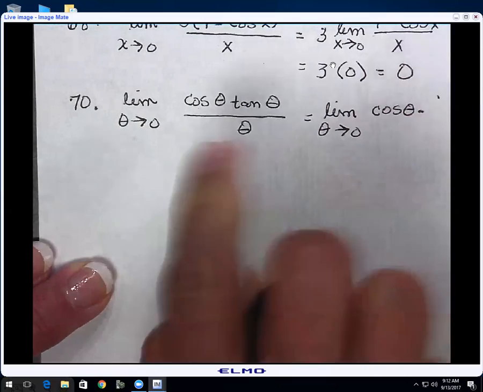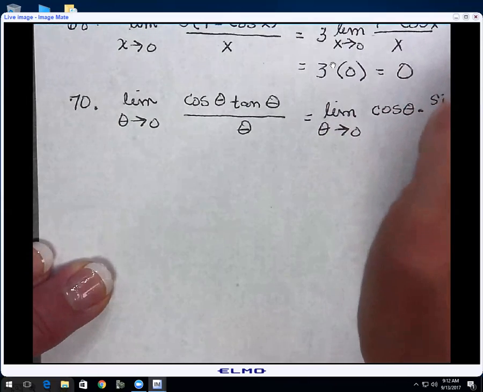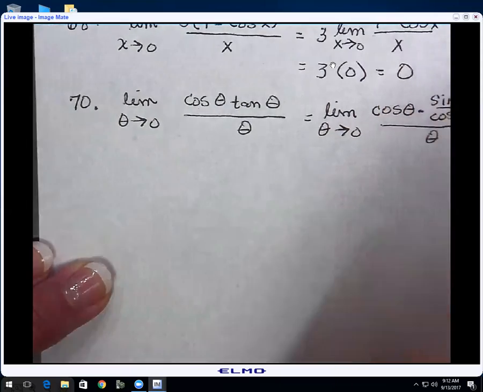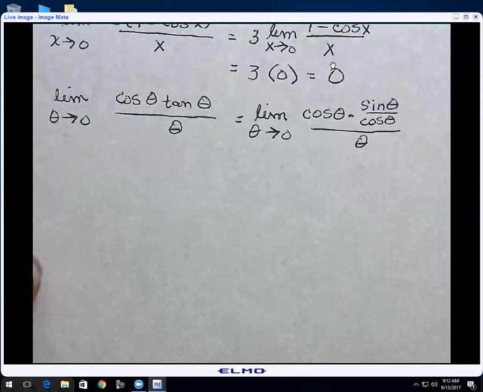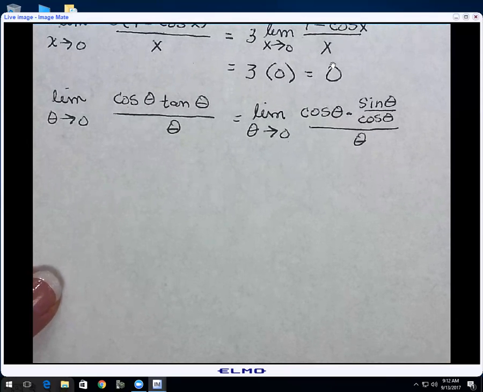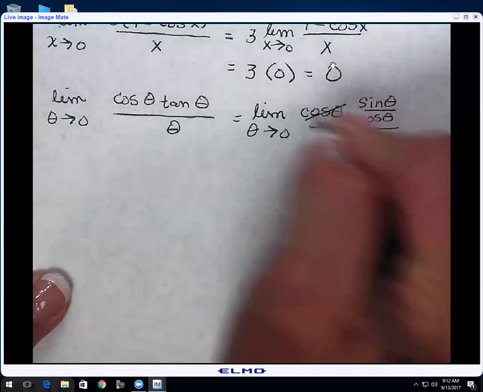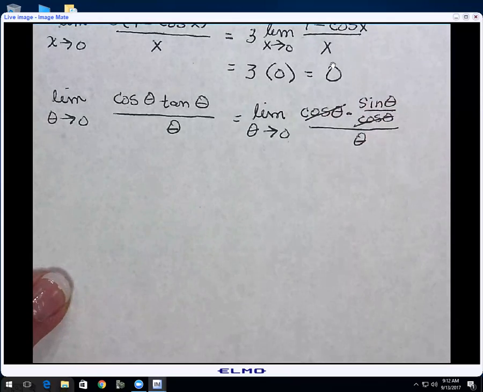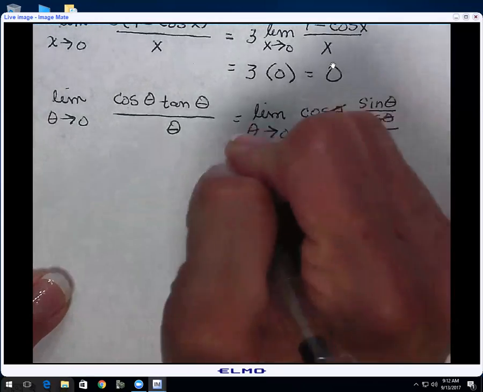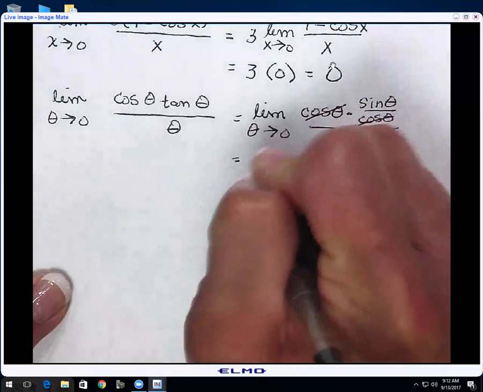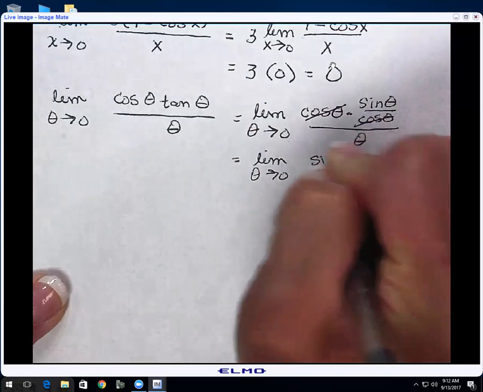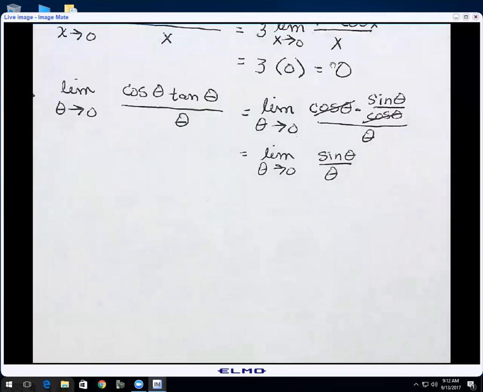Tangent is sine over cosine, and you can cancel those cosines. So this becomes the limit as theta goes to 0 of sine theta over theta.